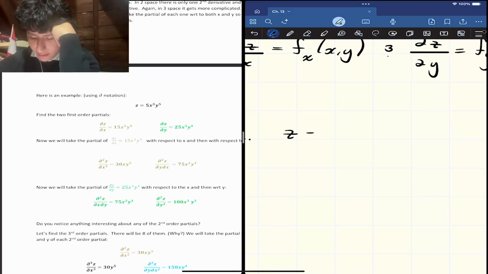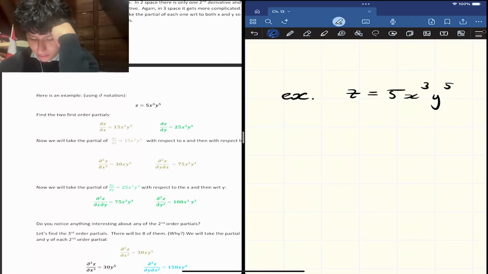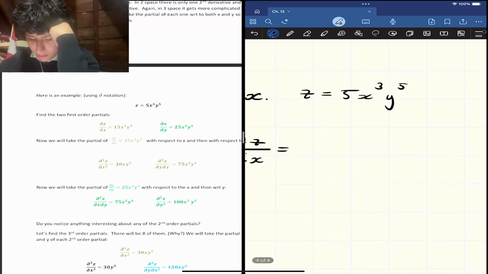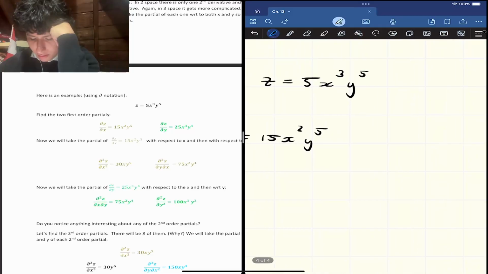So for example here, we have that z is going to be equal to 5x cubed y to the 5th, right? So in this case, the partial with respect to x would be something pretty simple. It'd just be 15x squared y to the 5th, because that y and that 5 are going to be constant.